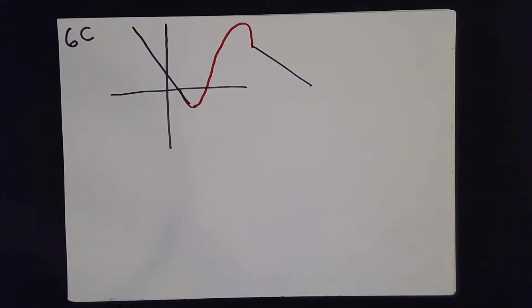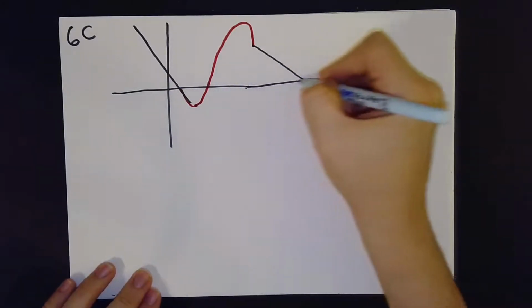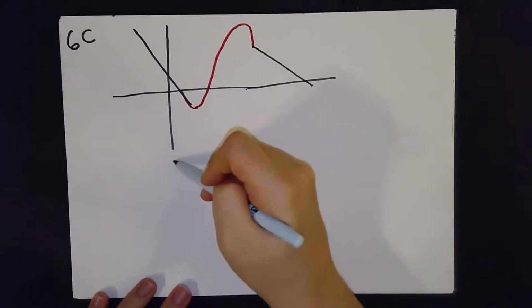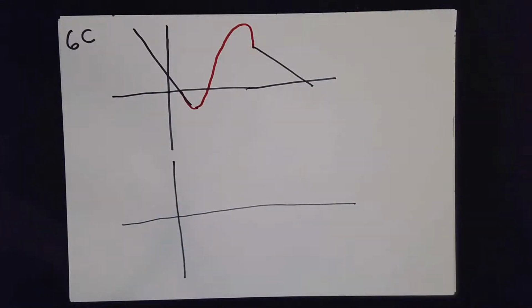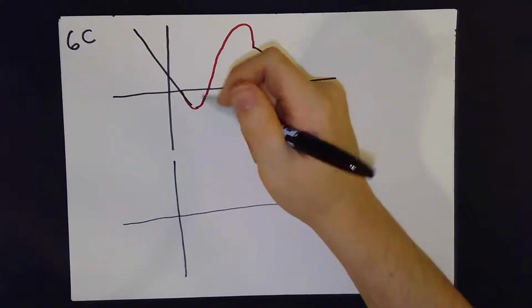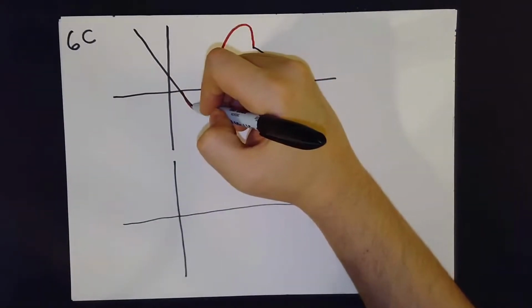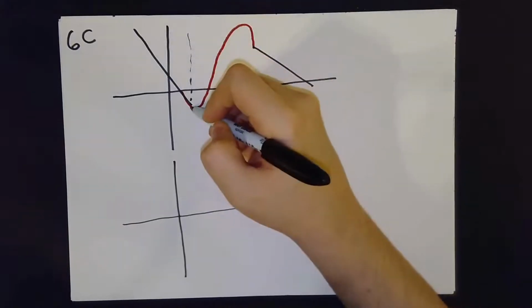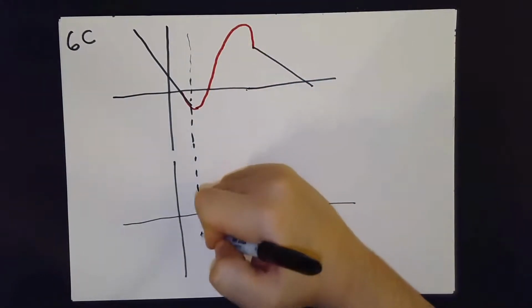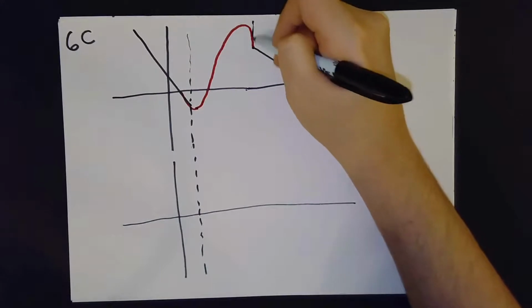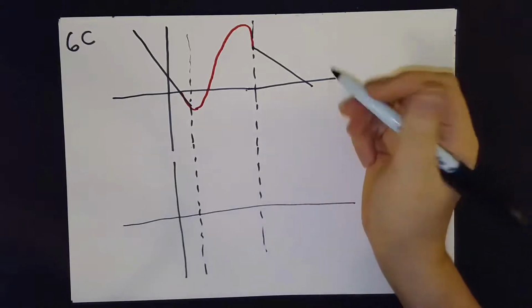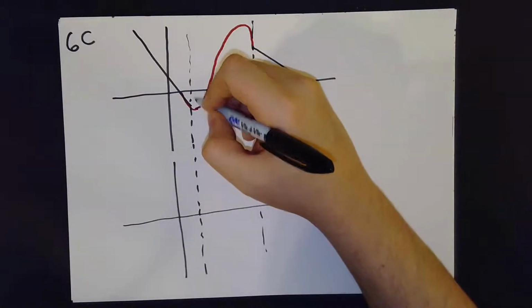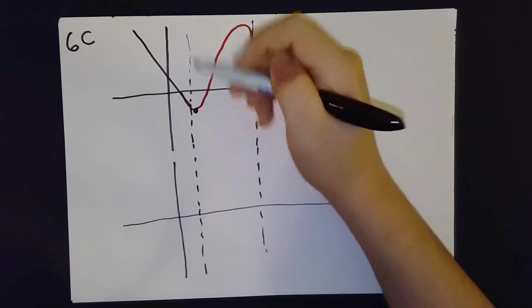Okay, so there's my approximation of this graph. When we go to find the derivative, I want to mark off all the points where something changes, like this one, that one, as well as all of the points where the derivative is 0.